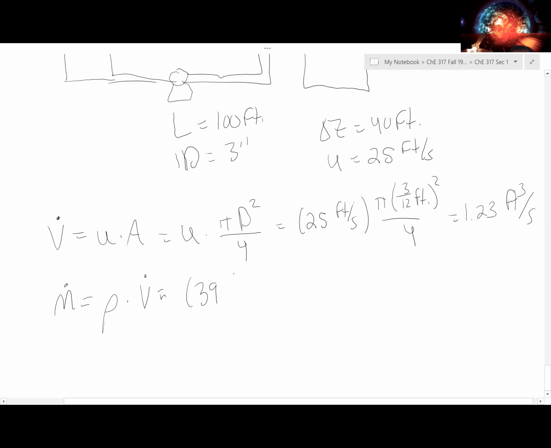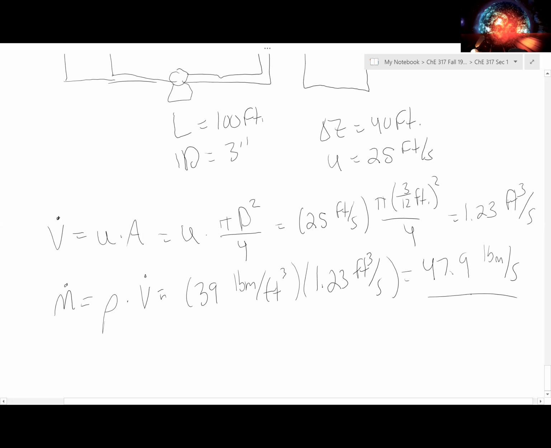So I have 39 pound mass per cubic foot times 1.23 cubic feet per second. And so my mass flow rate is going to be 39 times 1.23, or about 47.9 pound mass per second.